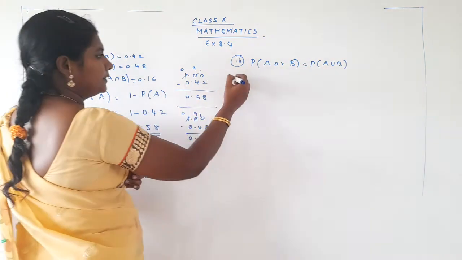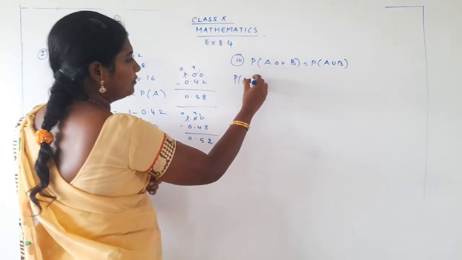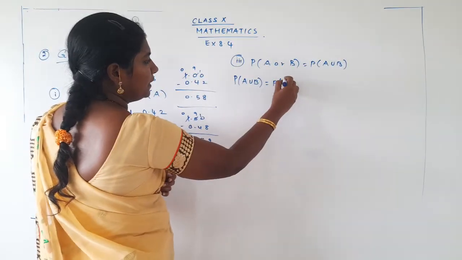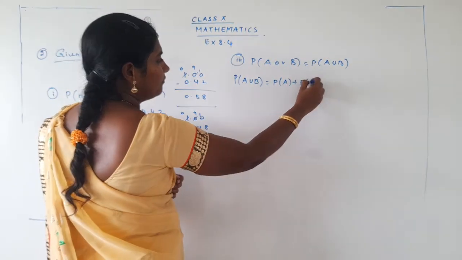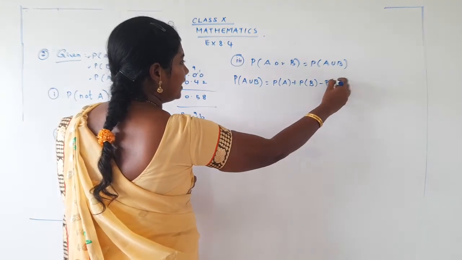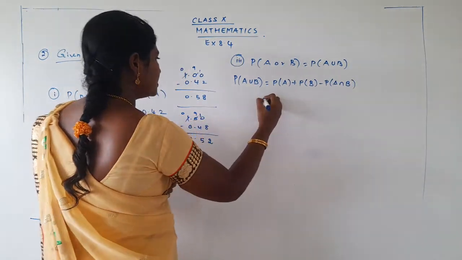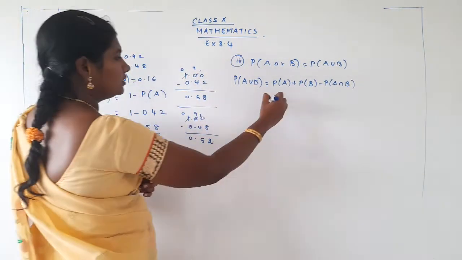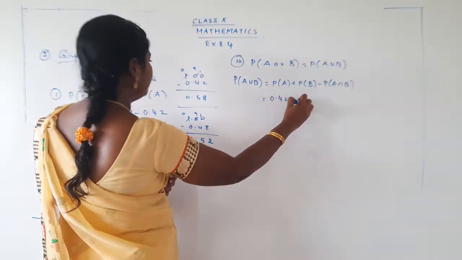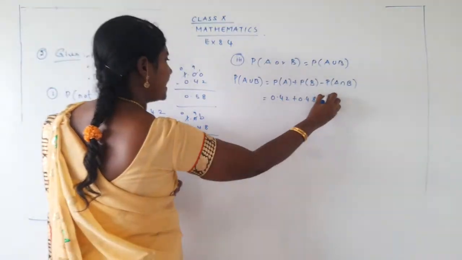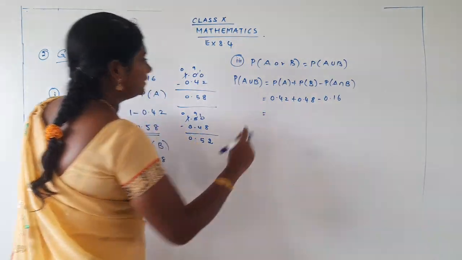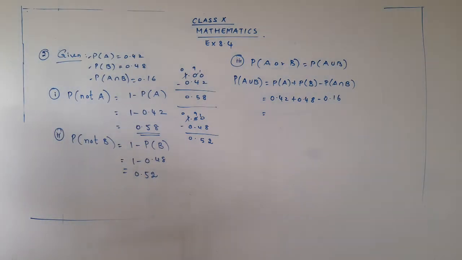So just write down here. P of A union B is equal to P of A plus P of B minus P of A intersection B. So this is equal to 0.42 plus 0.48 minus 0.16. I just substitute the values.